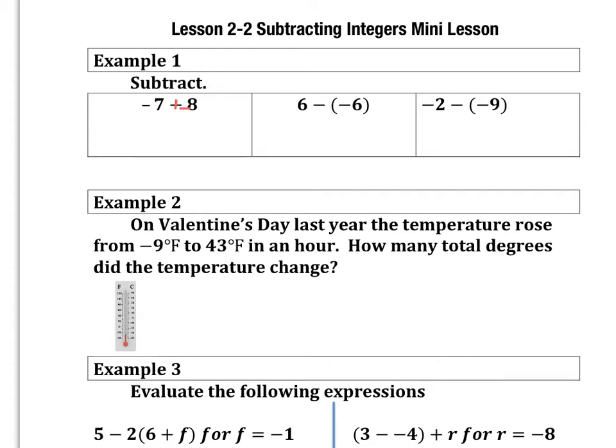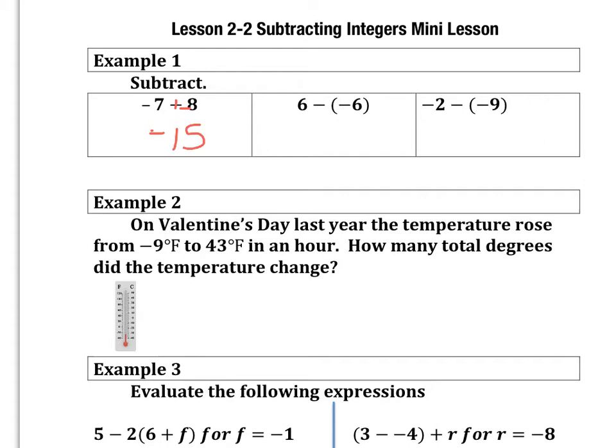If you're adding -7 to -8, we go back to our rules of addition. We're just adding two numbers with the same sign. So we add the numbers, keep the sign. 7 plus 8 is 15. We keep the sign, which would make this -15. So that's one way to think of it.